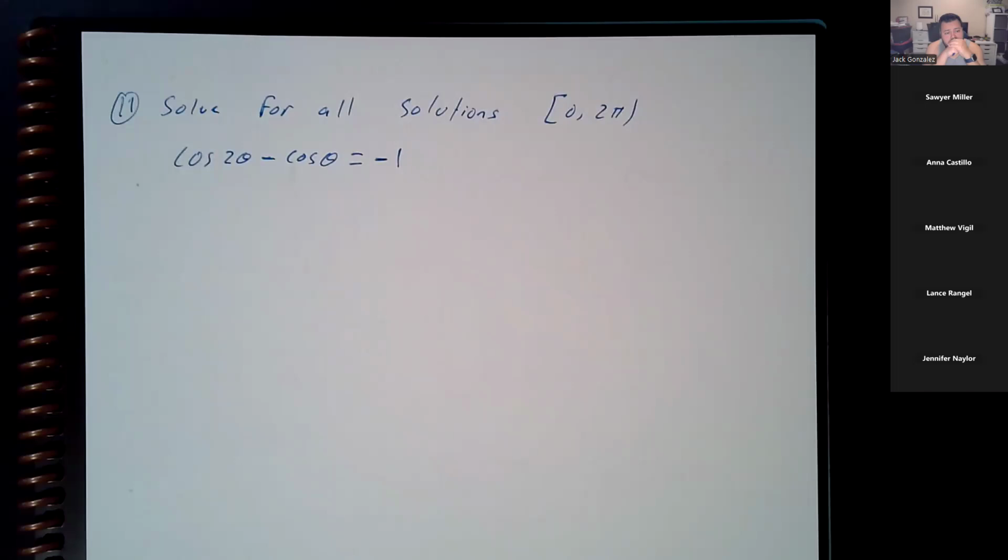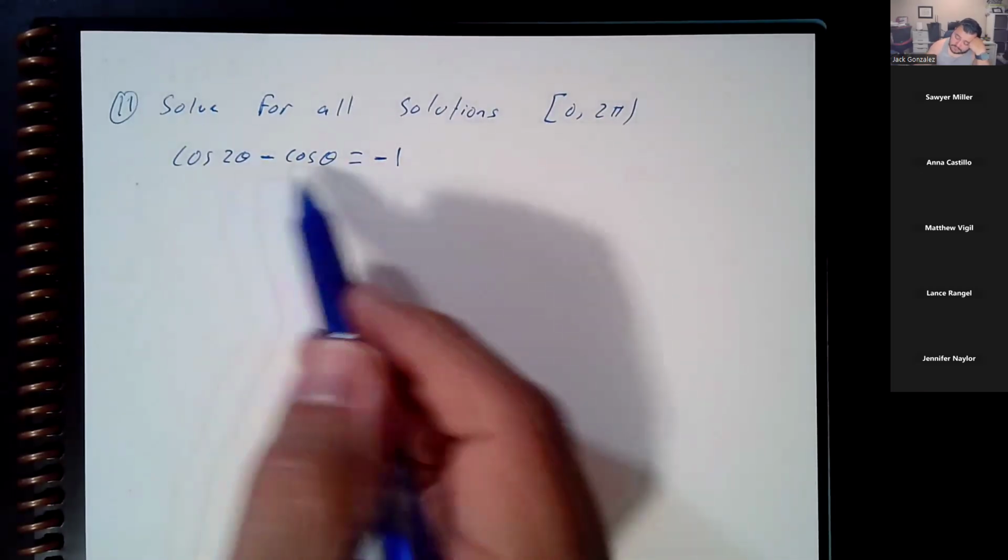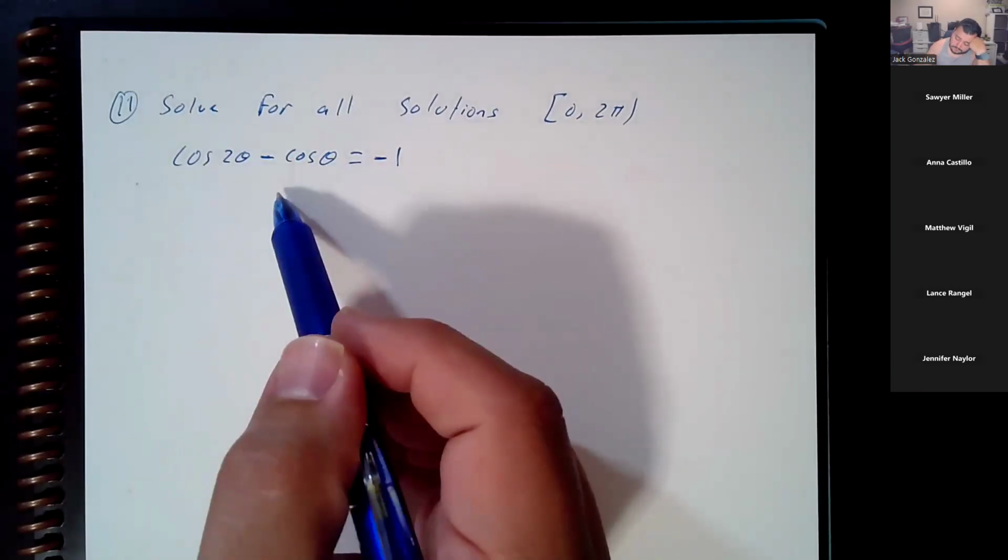We could make it weird with the double angle identities. Yeah, I think that might be our only choice because we can't do any factoring, since they're not the same.